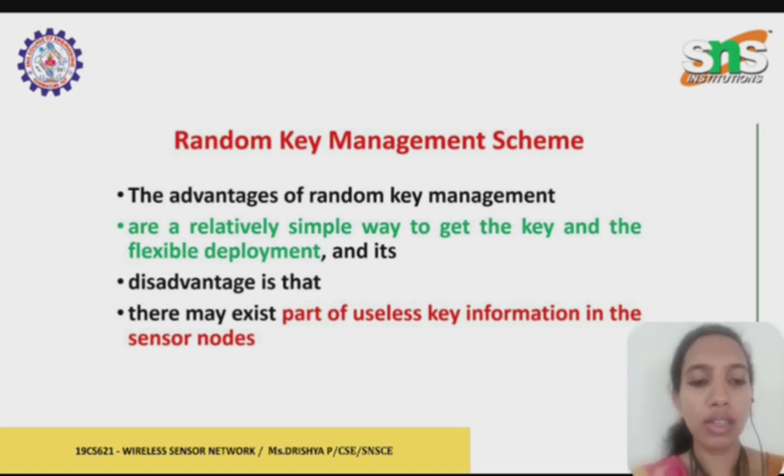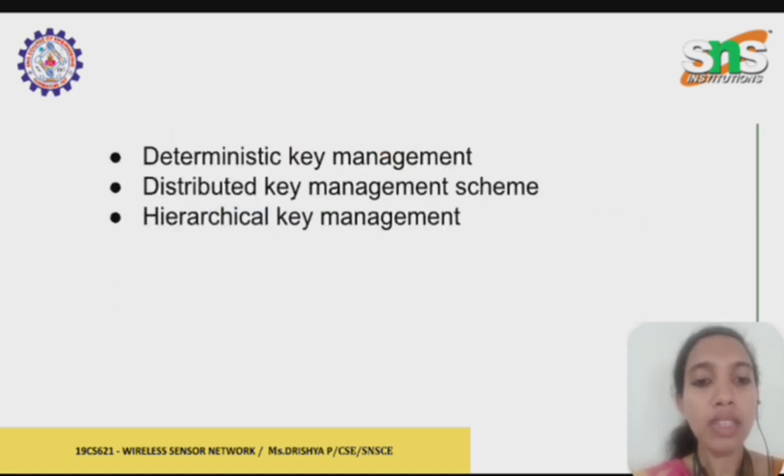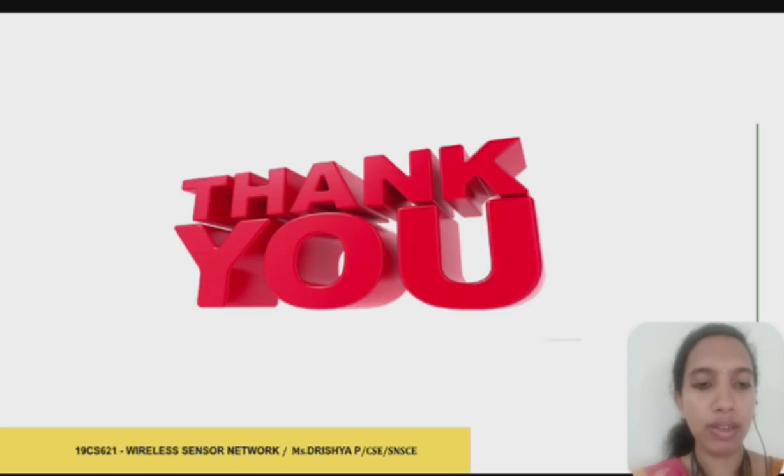If we use random keys, we do not know whether a key is useful or useless, and that is a disadvantage. Then other key management systems are deterministic, distributed key and hierarchical key management. Thank you.